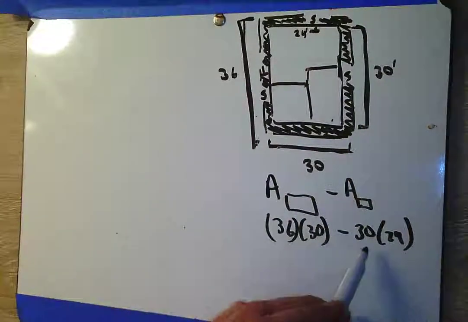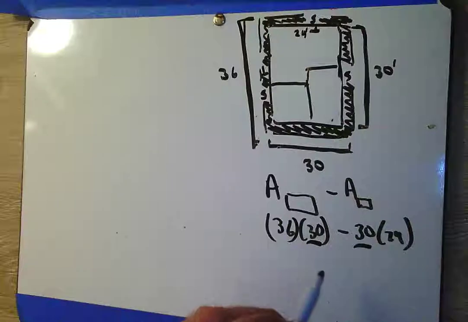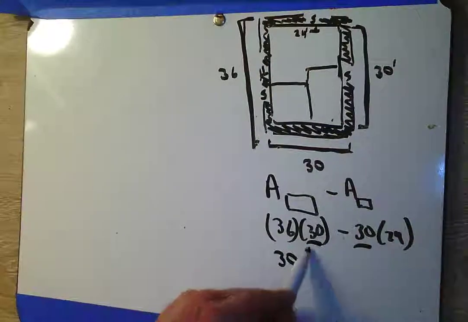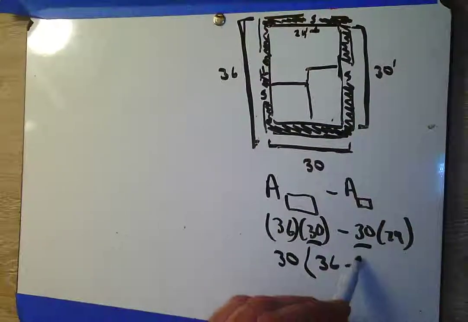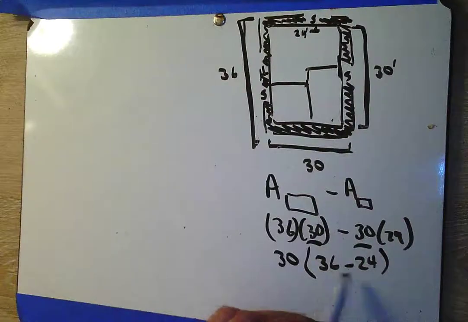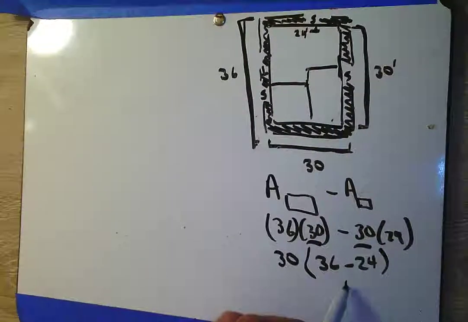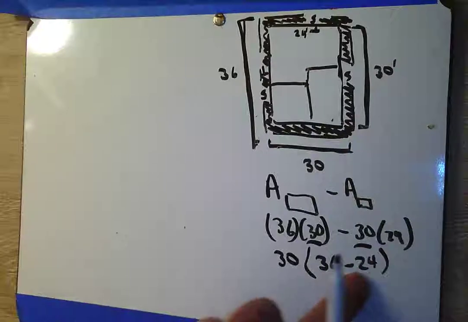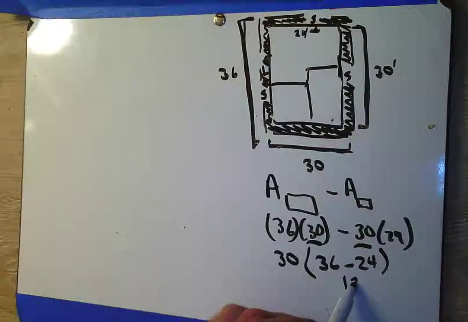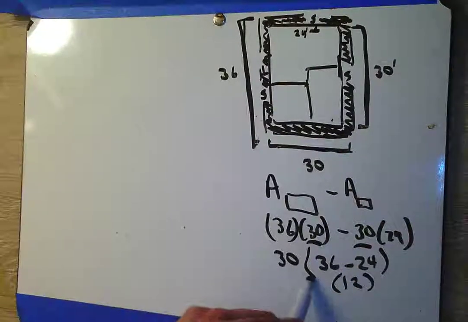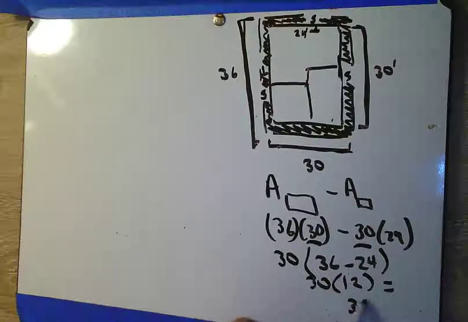And to make my life easier, I notice that both of these expressions have a 30 in them, so I'm going to factor that out, leaving me 36 minus 24. 36 minus 24 is 12. Oh, yes, it is 12. Times 30 gives me 360 square feet of walkway.